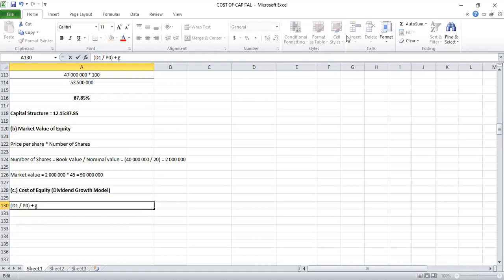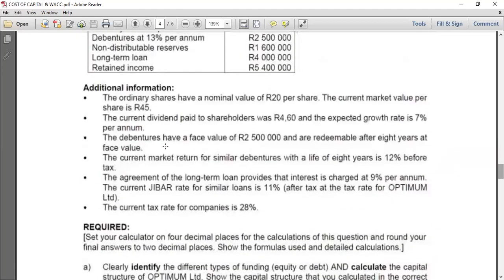Here, we are told that the current dividend paid was 460. But in our formula, we don't need the current dividend. We need next year's dividend. So we have to grow it. There's an expected growth of 7%, so we have to increase it by 7%. 7% is our g, and our share price is 45.